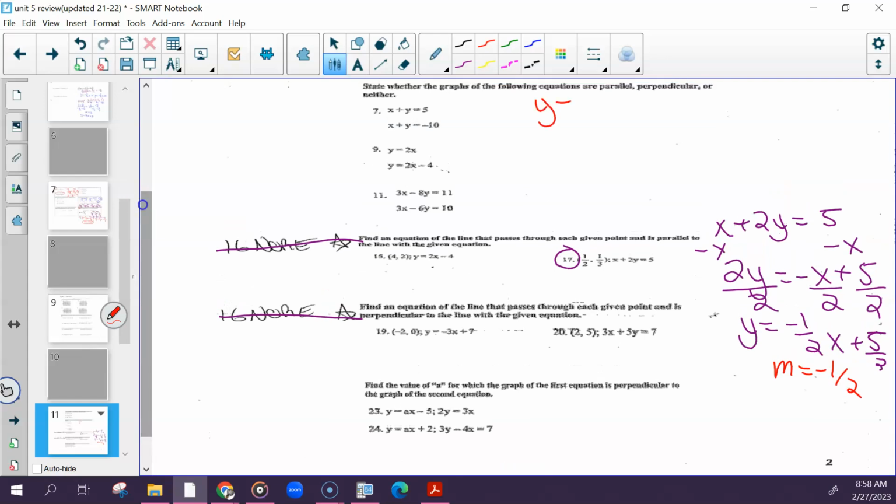So y minus our y1, 1/3, equals our slope of -1/2 times x minus 1/2. We don't have any minuses, but we do need to distribute. We have negative 1/2 x plus 1/4. And then add 1/3 to both sides.